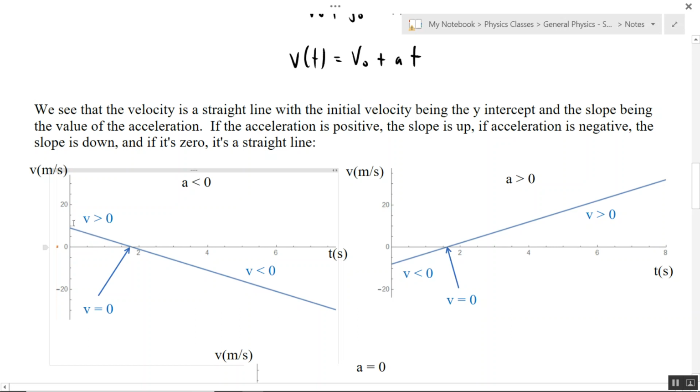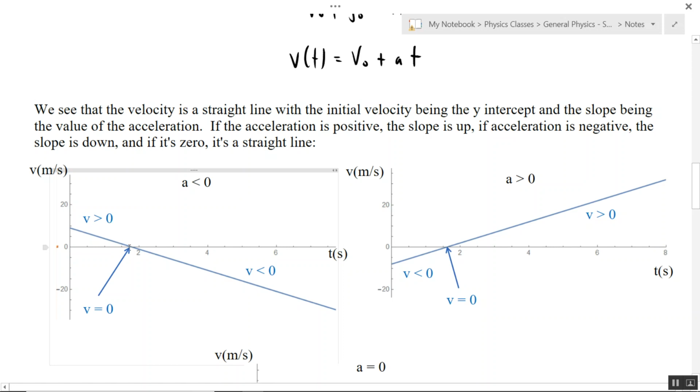If you interpret this graph, suppose it starts here. This is v equals 0. So what's it doing here? Is v greater than 0 or less than 0? Greater than 0, so it's going in the positive x direction. But a is in the negative x direction because it's sloping down. So what does that mean? It means that it slows down because A and V are in opposite directions.